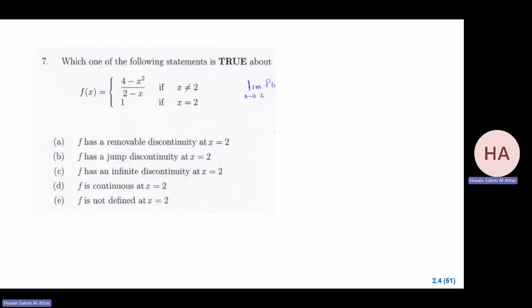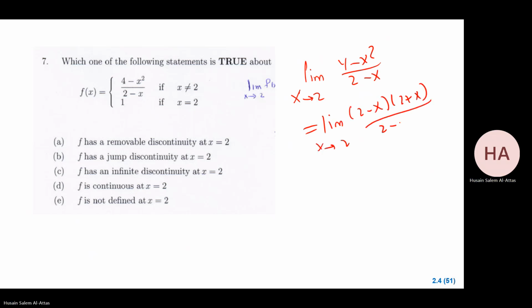What is true about the function? I need to check at x equal 2. What will happen? Does the limit exist or not? And is it equal to f of 2 or not? Limit as x goes to 2 of this function. Very clear, the limit exists, which is 2 minus x, 2 plus x. This is cancelled, so we have 4. So the limit exists.